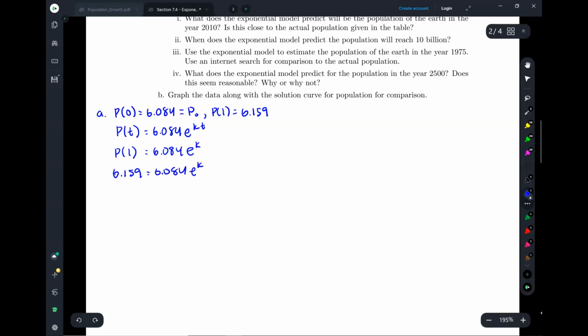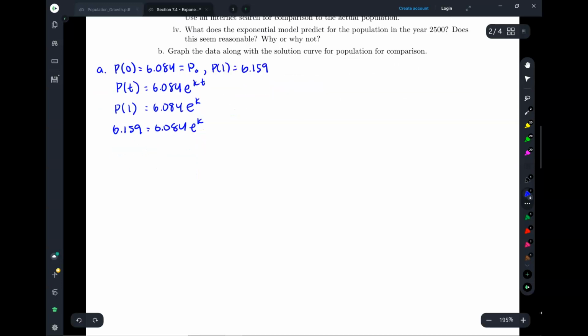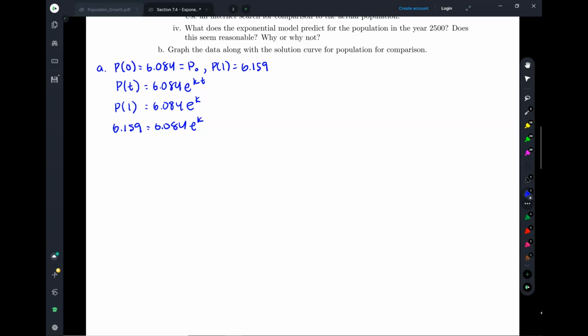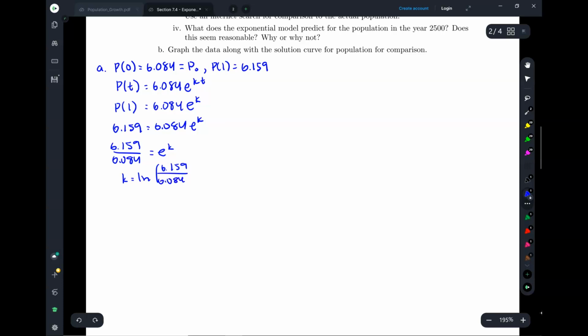So what we have essentially is this exponential equation to solve, which you've done before. It might be a little rusty, that's okay. So you want to isolate the exponential part, and then we'll use logarithms. So let's go ahead and divide by this initial population. We'll have 6.159 divided by 6.084. That equals e to the k. So then k is equal to the natural log of that value, that 6.159 divided by 6.084.